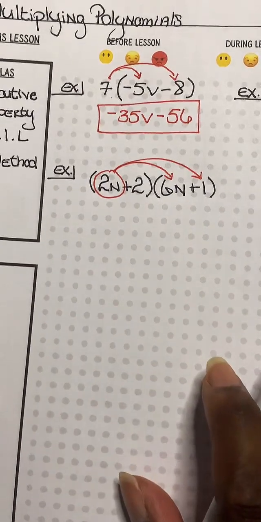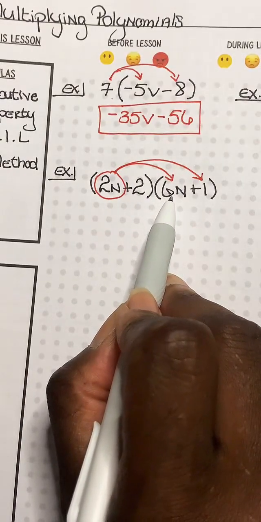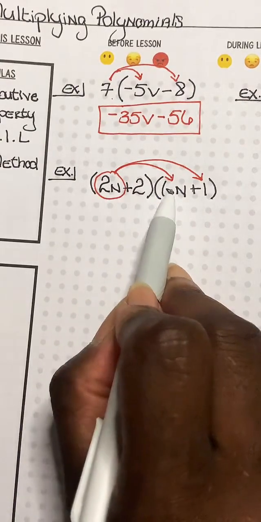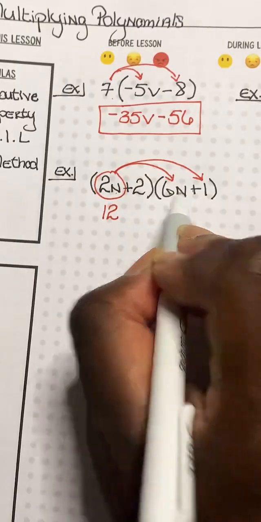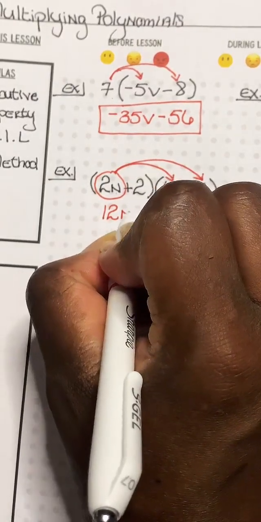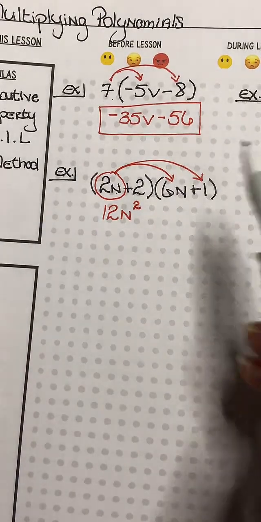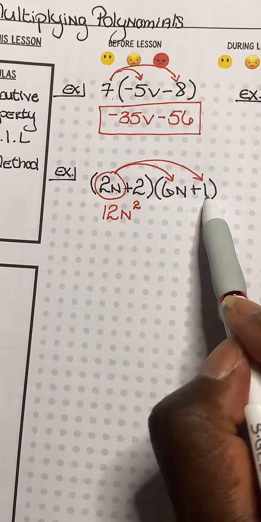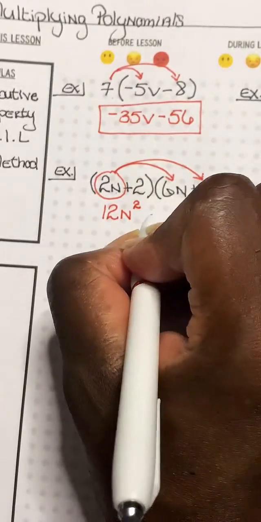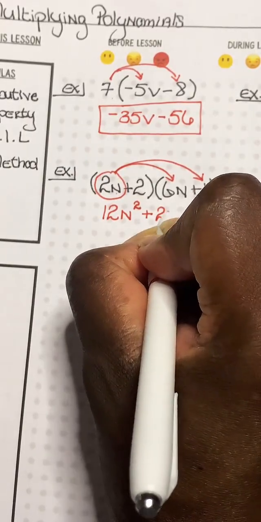All right, let me show you. So we're multiplying 2n times 6n. 2 times 6 gives us 12. n times n gives me n squared. Okay? Now, 2n times 1. Anything times 1 is itself. So we got plus 2n.